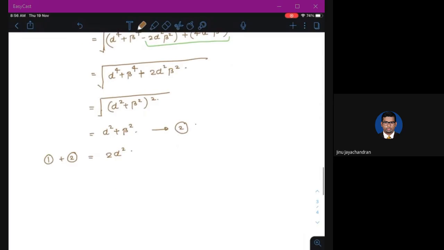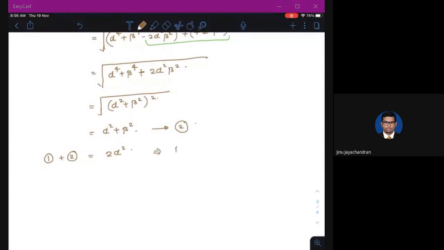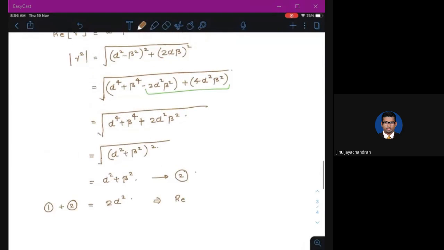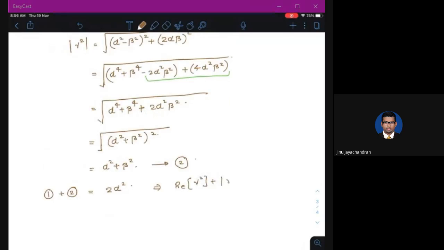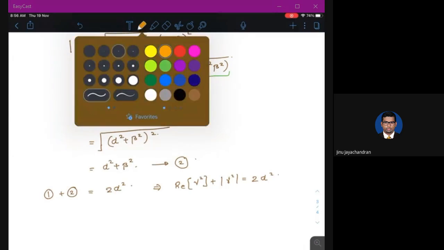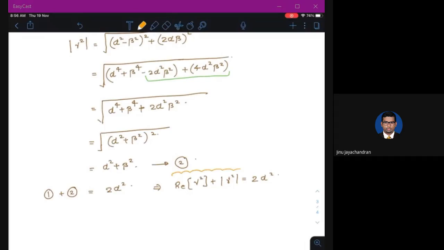So I can write the real part of gamma square plus the magnitude of gamma square is equal to 2 alpha square. Now you see that we have reduced this to an equation of only alpha.